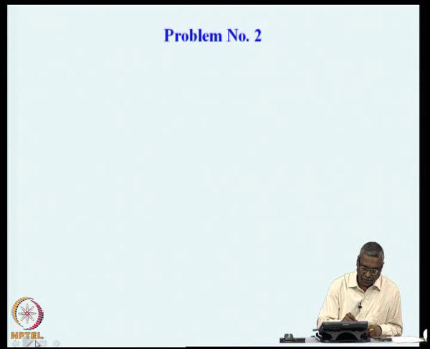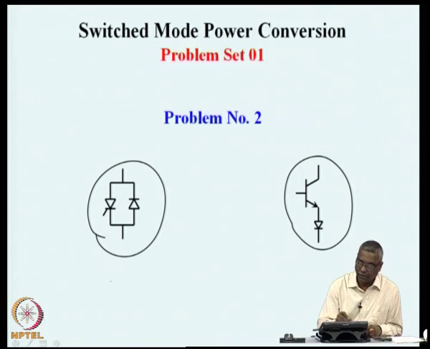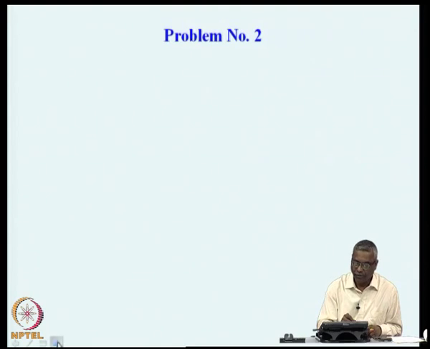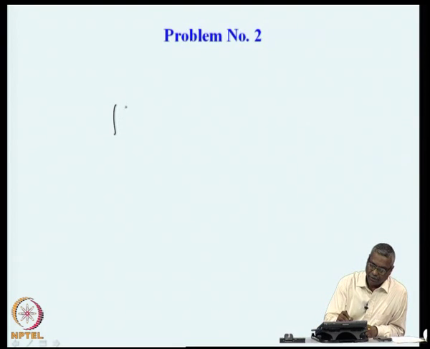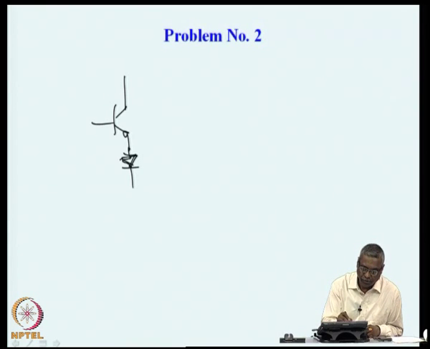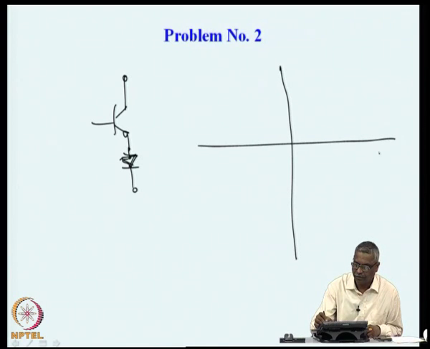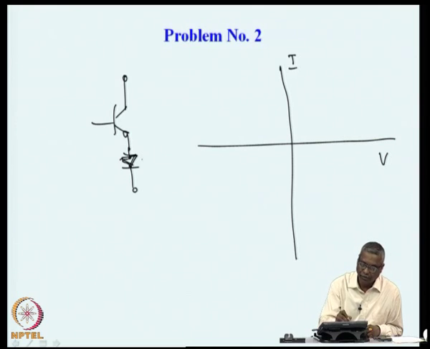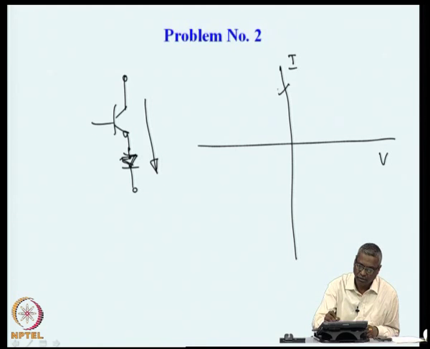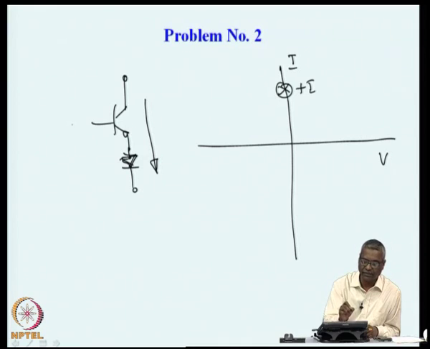Now, let us look at the other device, which is a transistor in series with a diode. So, we can see that on the VI plane, the current can be in one direction, which is the positive current flowing through the device when the device is gated on.